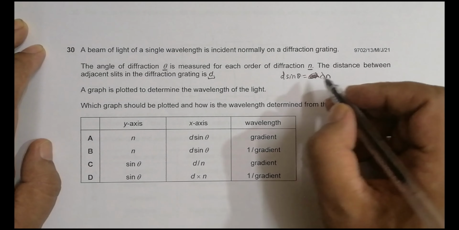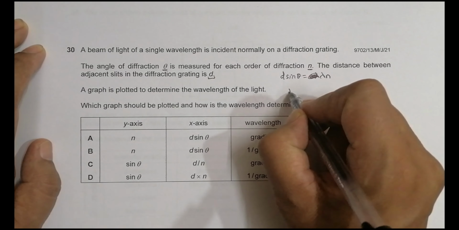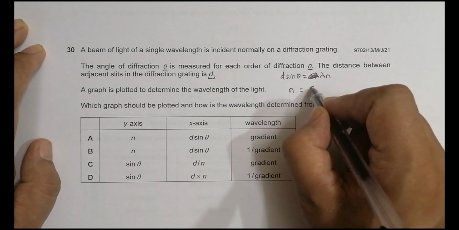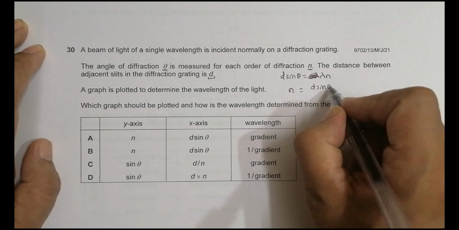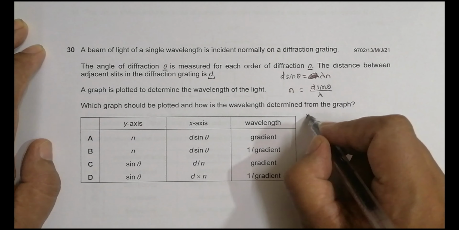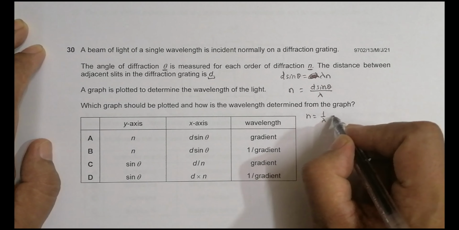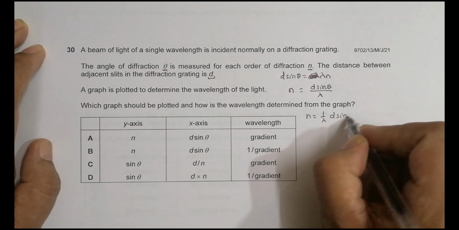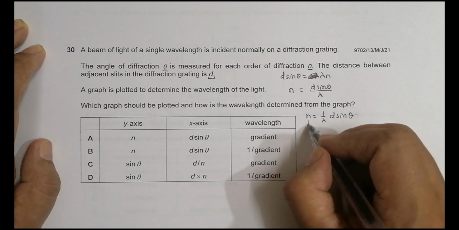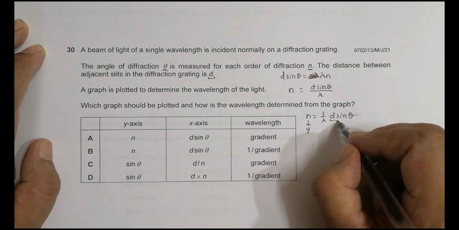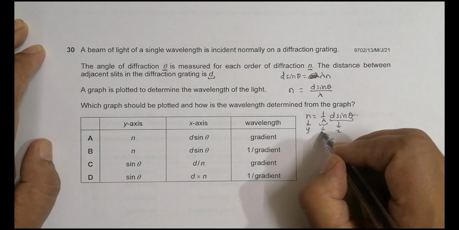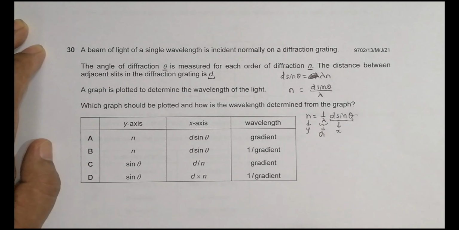So let me change it. When I change it, it becomes n equals d sine theta by lambda, which can be written as n equals 1 by lambda then d sine theta. So now n is drawn in the y-axis, d sine theta is in the x-axis, then this is the gradient, large G, let us say.